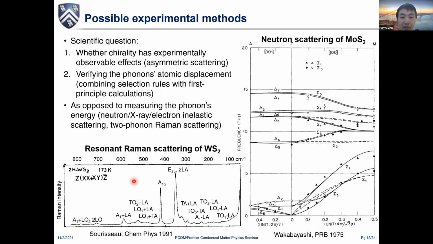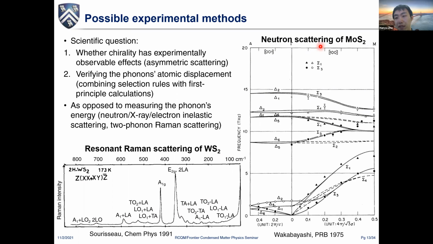Even in these two-dimensional materials, people have known for a long time that a lot of K phonon resonances can be identified. All these peaks actually correspond to different combinations of momentum of phonons coming from the K point.